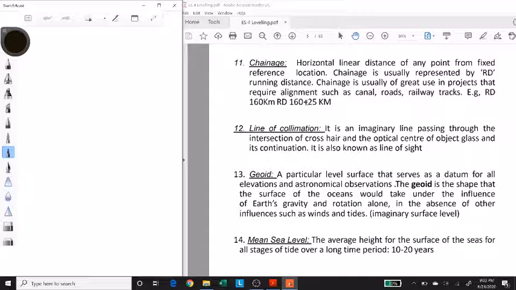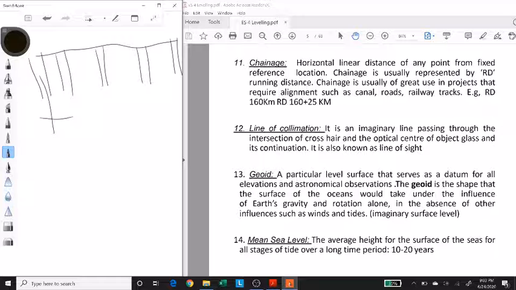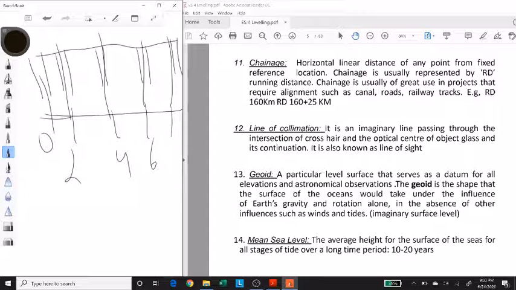So let's say you are building a huge bridge, and on that bridge you have a number of pillars, and this first pillar is my reference point. I call this 0. So the chainage of the other pillars would be the distance from that reference line. So let's say this is 2, this is 4, this is 6, this could be anything. So they basically tell you about the location of different points.